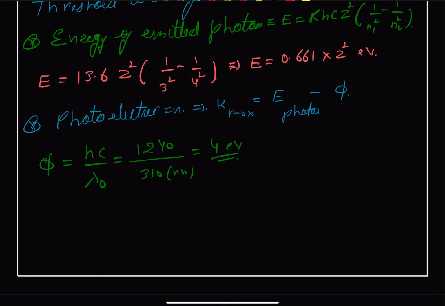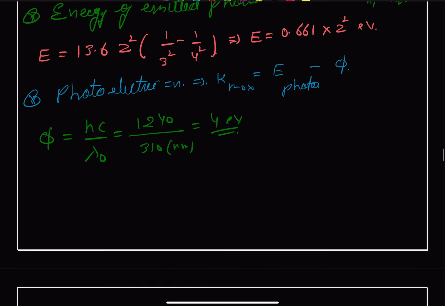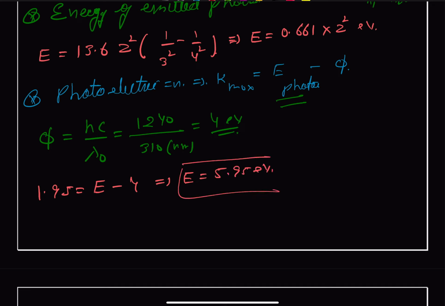And from here K max and phi, we can find out our energy of the photon. Therefore we can say that our K max is given to us as 1.95, is equal to energy of photon minus work function. This gives us that the value of E is 5.95 electron volt.